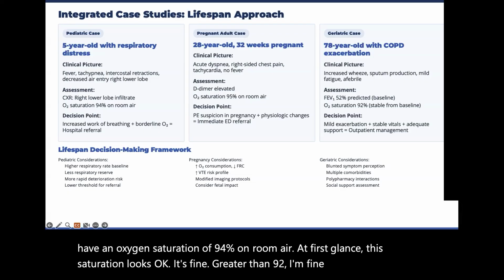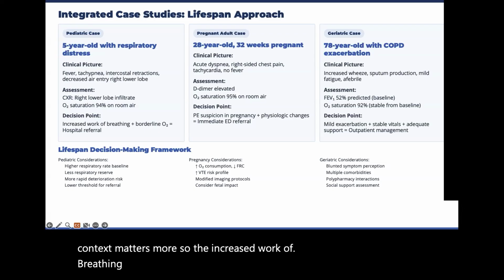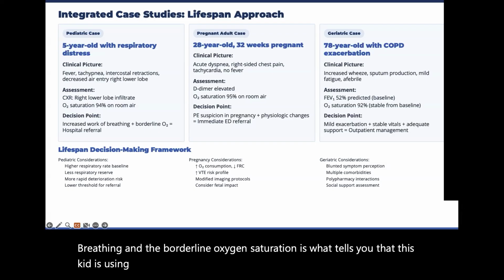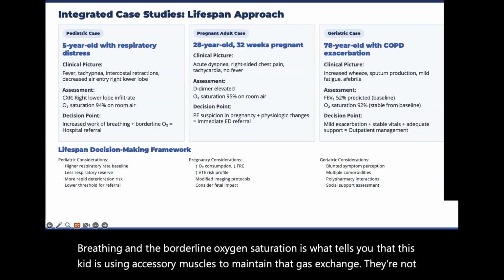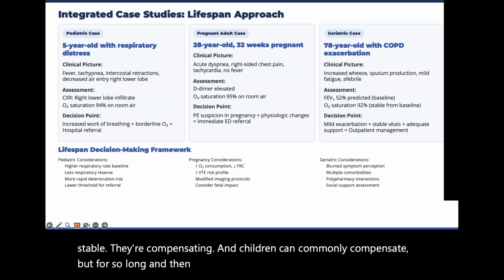But in pediatrics, the context matters more. The increased work of breathing and the borderline oxygen saturation is what tells you that this kid is using accessory muscles to maintain that gas exchange. They're not stable. They're compensating, and children can commonly compensate, but only for so long, and then they precipitously crash.